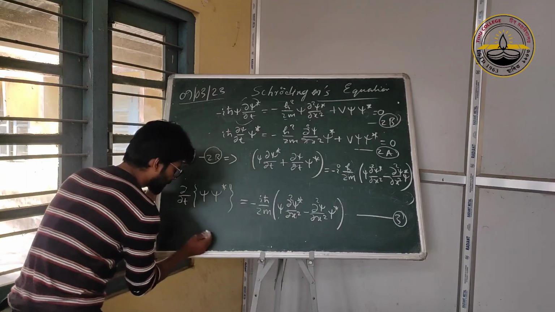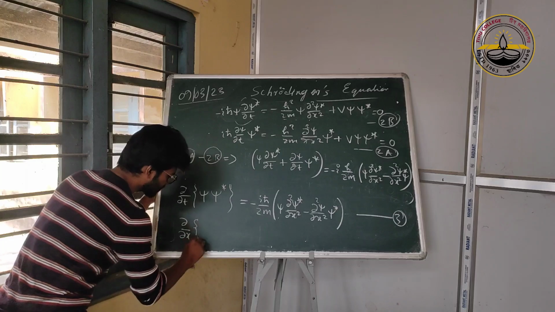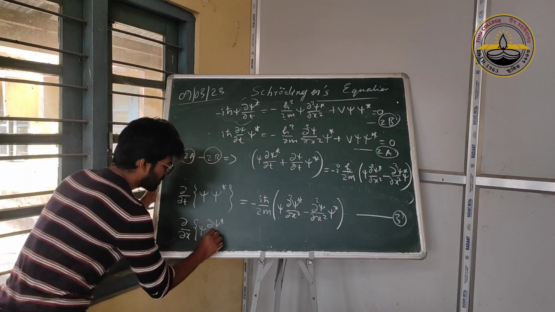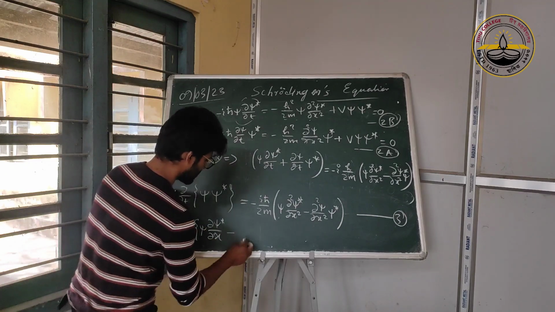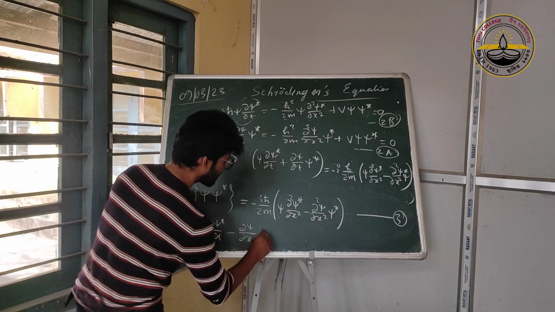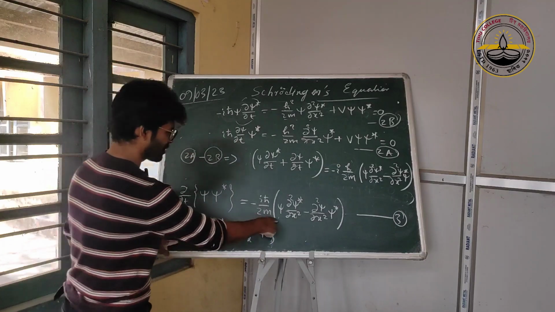So I'm saying that I can do this: ψ ∂ψ*/∂x minus ∂ψ/∂x ψ*. I'm saying that this is equal to this.